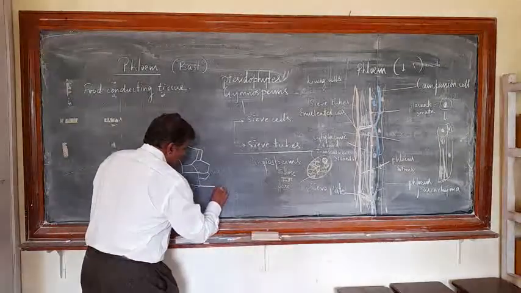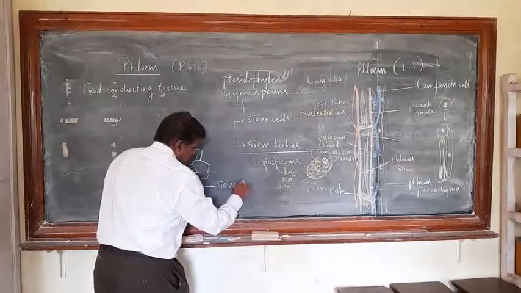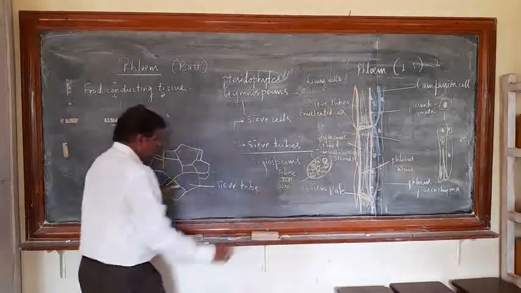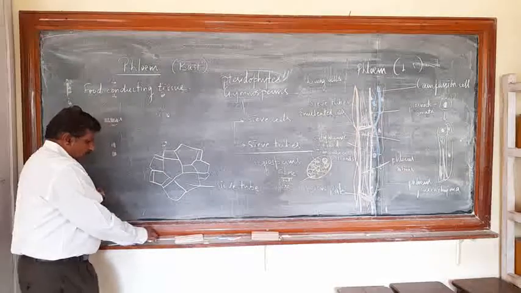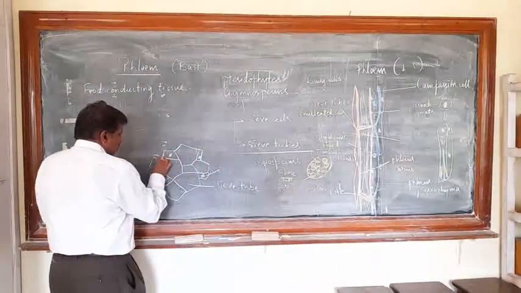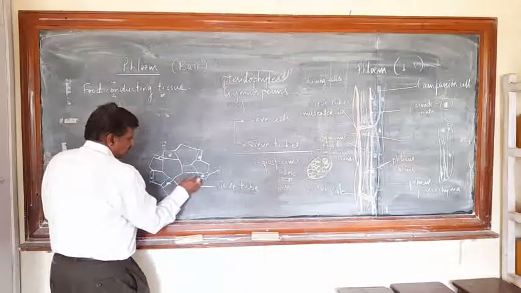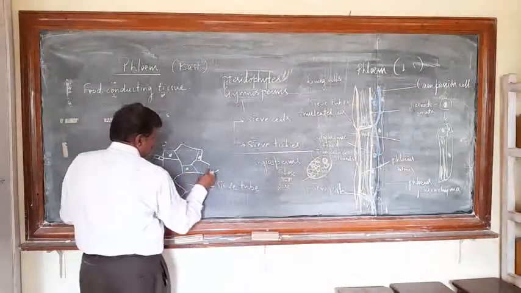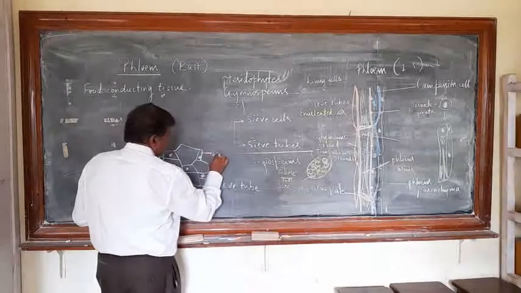You may ask what this larger cell is. Usually the larger cell is the sieve tube cell. By the side of the larger cell, you will find the smaller cells. These smaller cells are usually the companion cells.